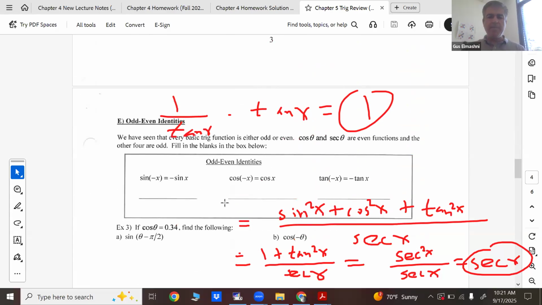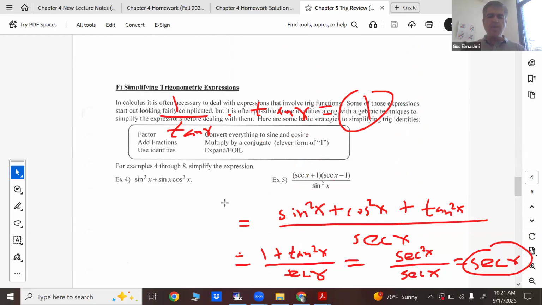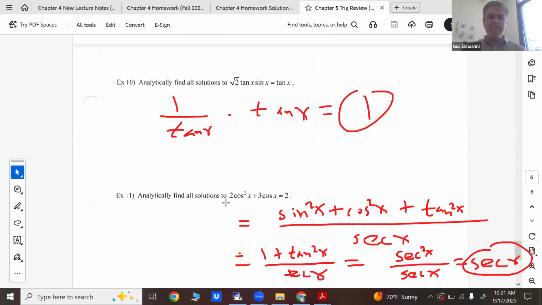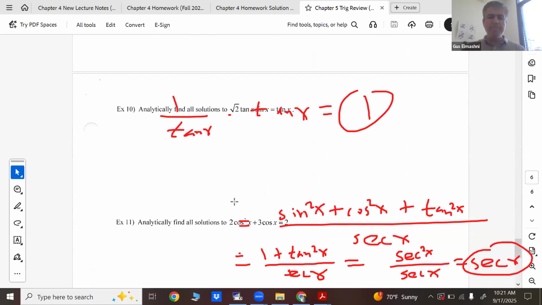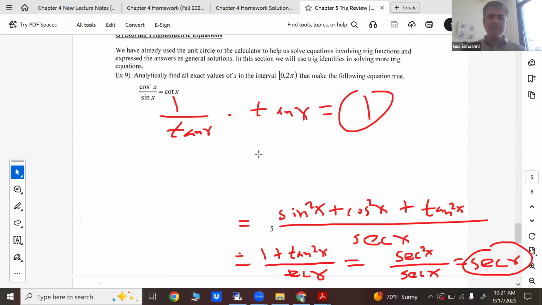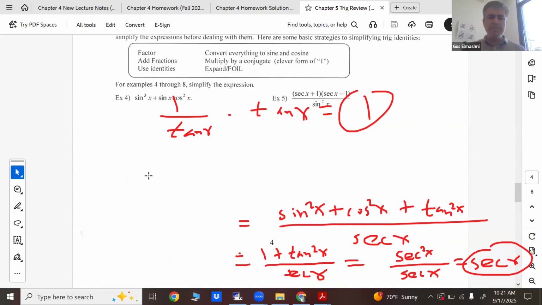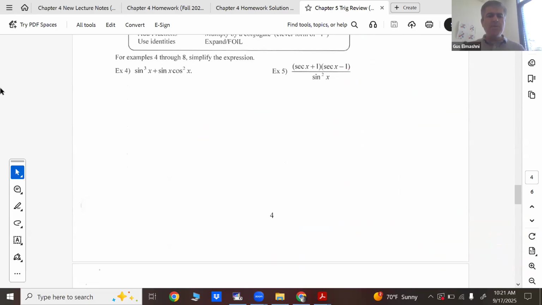Are you guys quiet? Thank you. I'm just gonna jump around a little bit, just kind of curious how you take to this. Go ahead and try to simplify examples 4 and 5. These will be our last two. We'll stop there for today.